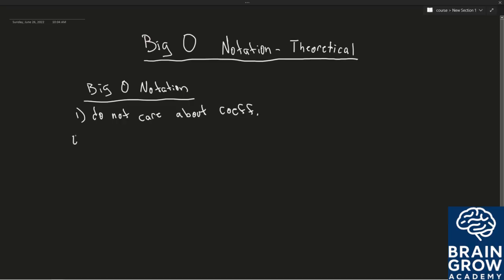And the second thing is we only care about the highest power. Right? So now let's look at some examples of this and how we might be able to evaluate this.